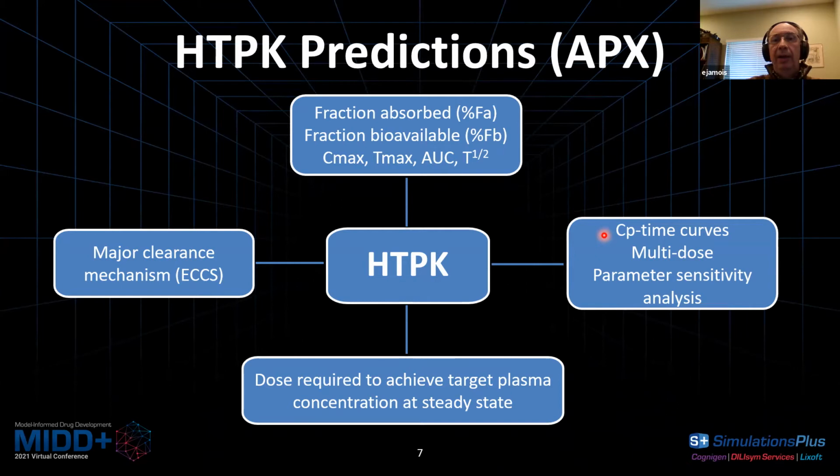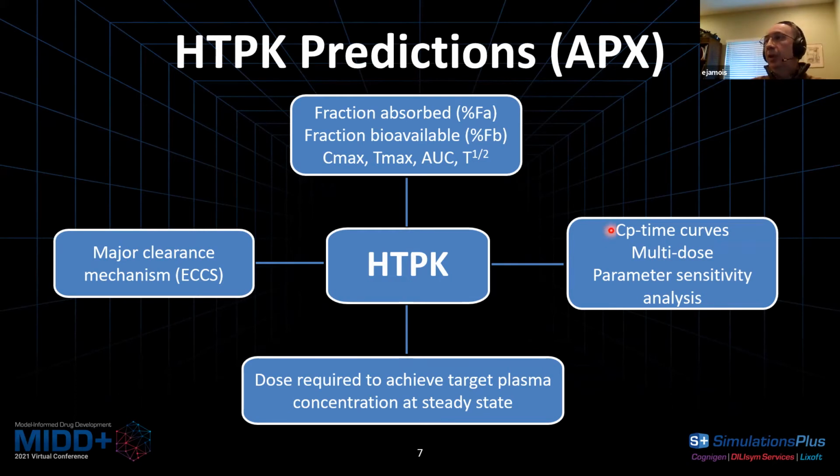So what sort of parameters do we have access to through this technology? Of course we have access to fraction absorbed, that's percent FA, fraction bioavailable, percent FB, Cmax, Tmax, AUC, T1/2. This is something that can be computed, as David already showed, fairly quickly on a set of compounds.